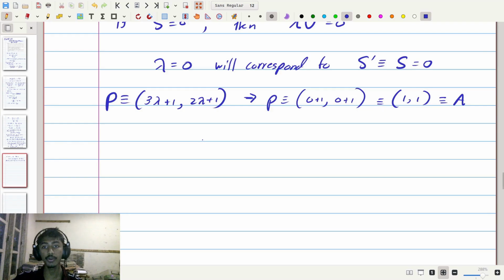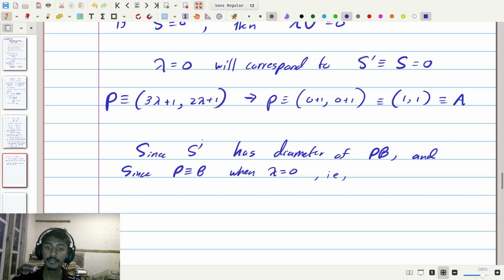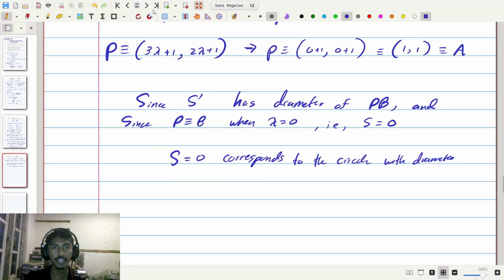Now considering lambda equals 0, since s dash has diameter PB, and since P is the same thing as B when lambda equals 0, i.e. s equals 0, we can say s equals 0 corresponds to the circle with diameter, and instead of P, since P is the same thing as, sorry, not actually, I made a mistake here, not B, P is the same thing as A, I apologize for that.